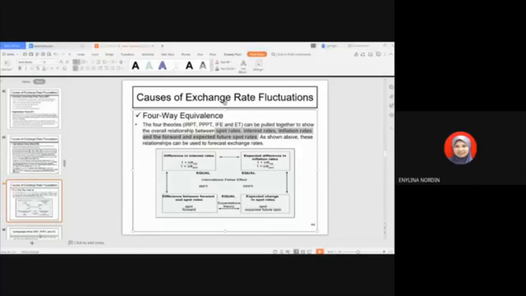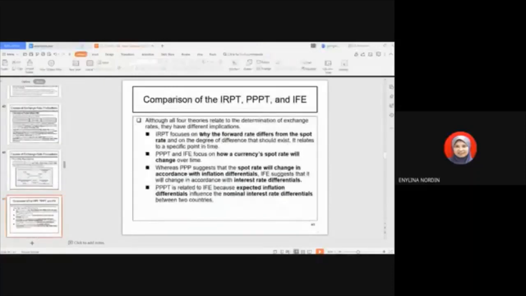So this is the comparison of the IRPT, PPPT, and the IFE. Okay, right. So IRPT focuses on why the forward rate differs from the spot rate, and on the degree of difference that should exist. It relates to a specific point in time, right?